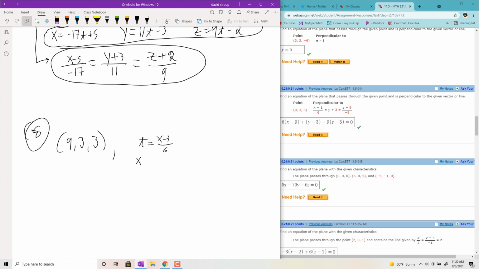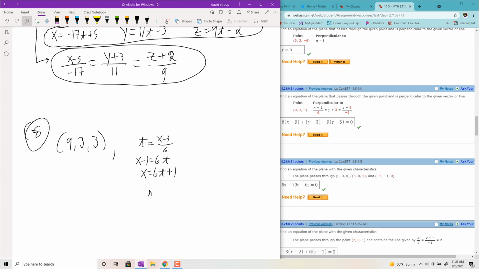So x minus 1 equals 6t, and x is 6t plus 1. So what we're doing is finding the directional vector. It's perpendicular, so that may give us more issues. If we want to find an equation of a plane that passes through the point and is perpendicular to the given line, well, that's pretty easy, because then the directional vector for the line will give the normal vector of our plane.